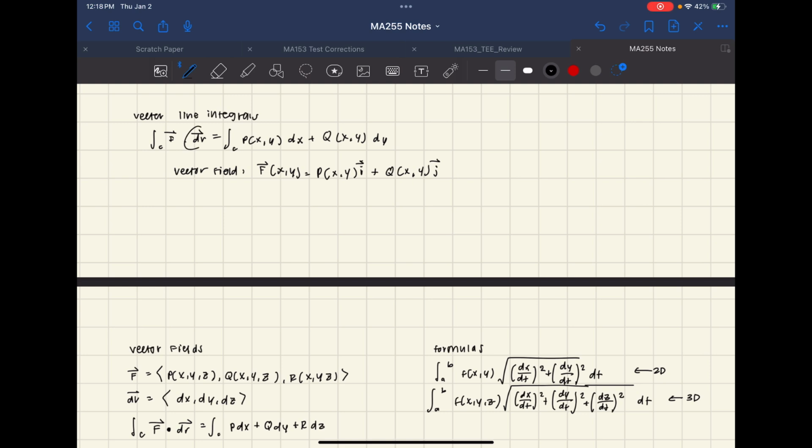And then this represents the changes along the curve.